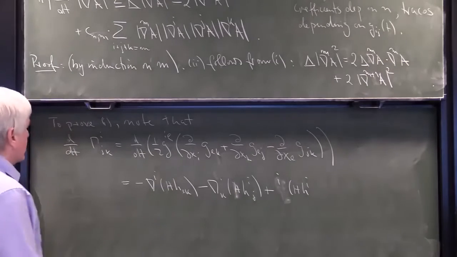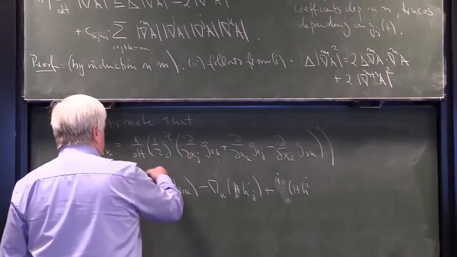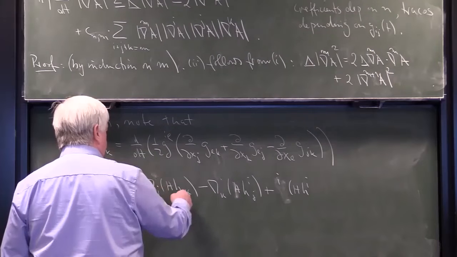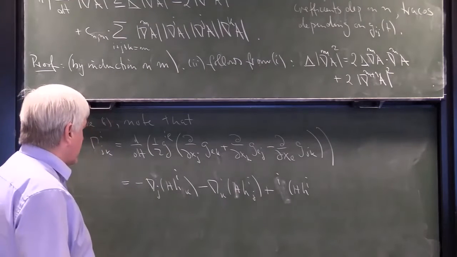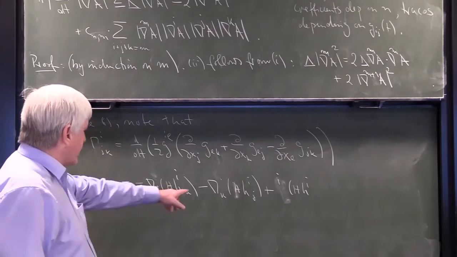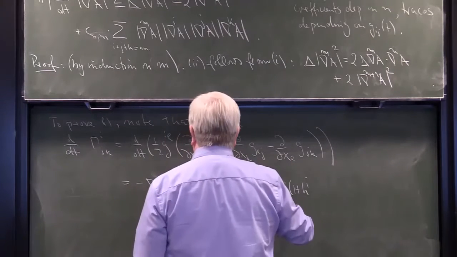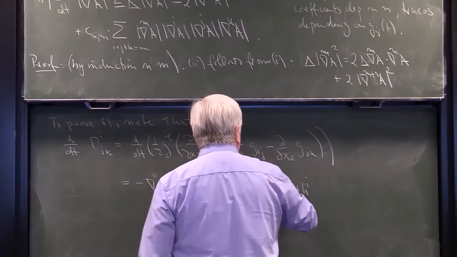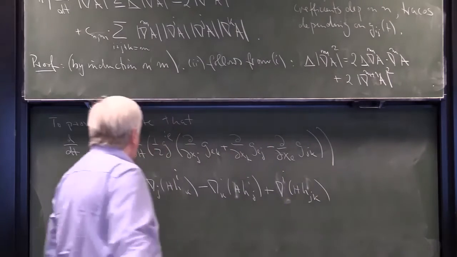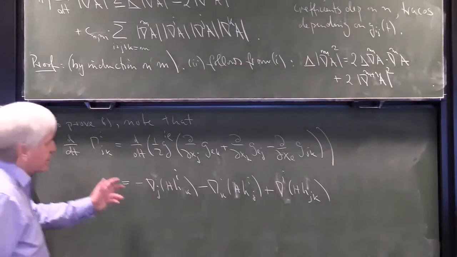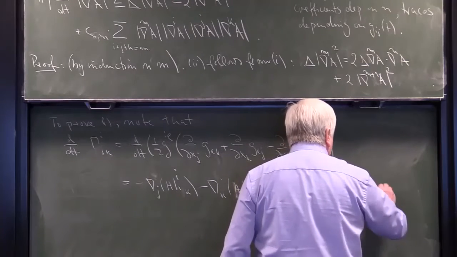There's too many. This should be a J here, and then this is gradient J, and this is gradient HIK, like this. Now we got it right. Gradient KIJ, and this is gradient I HJK.